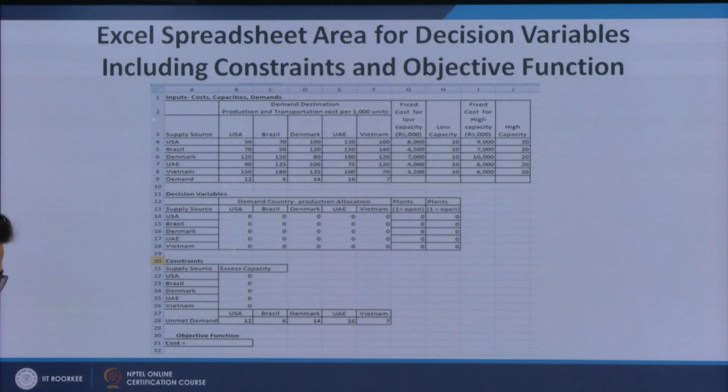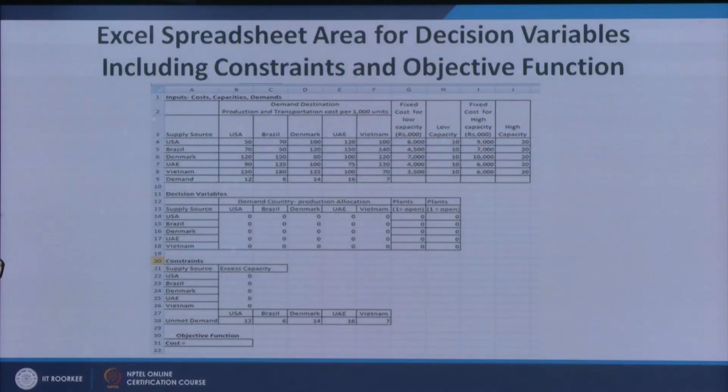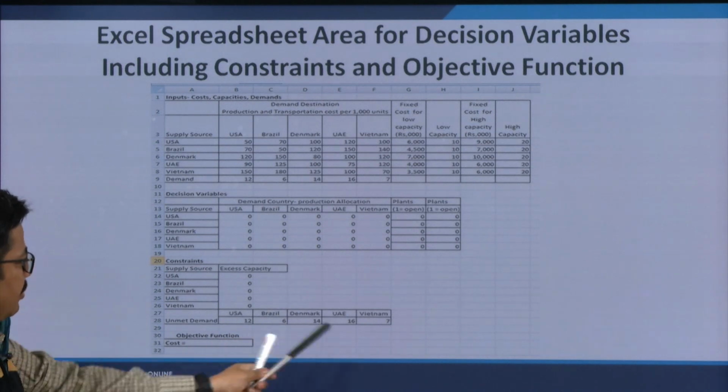That is what we have written here, that this sum will come here, and you need to copy this across B28 to F28, and then you will have these values.